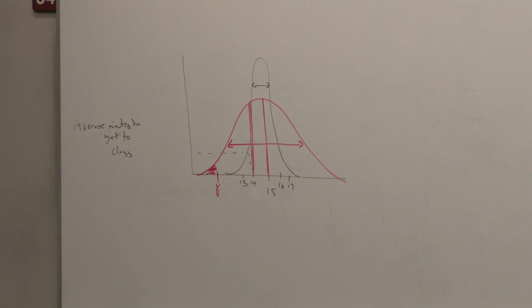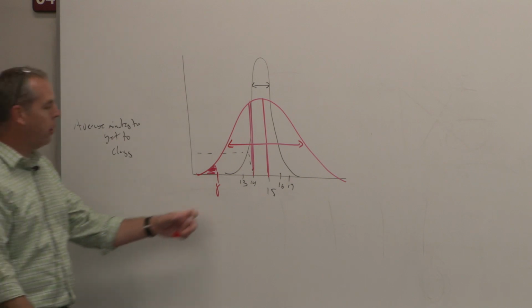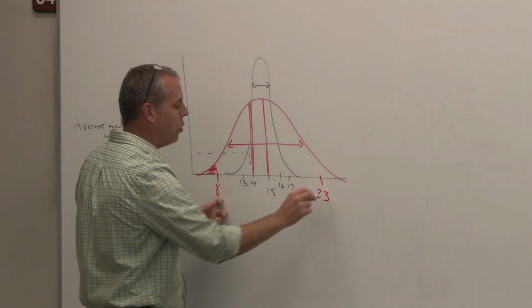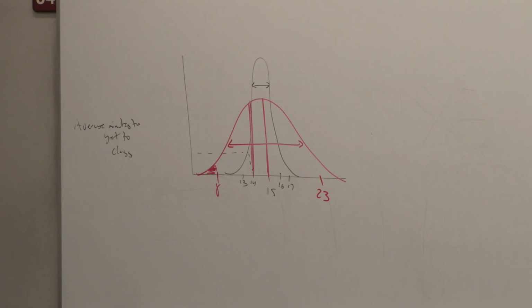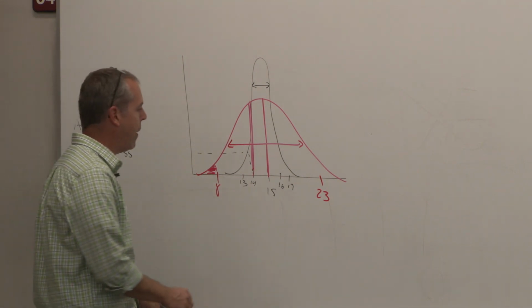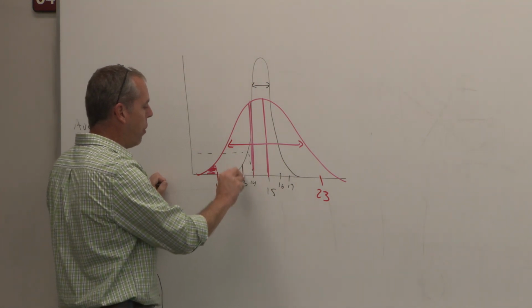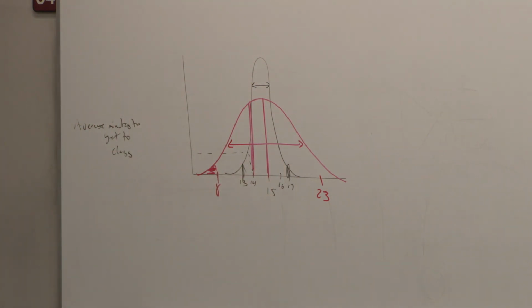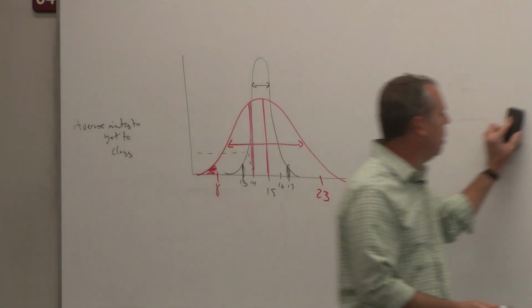Both of those have the exact same average. But this person could be 8 minutes to, I'm making up a number here, 23 minutes, 95% of the time. This person here, 95% of the time, is 13 minutes to 17 minutes. It's really tight. So we have this within-season variation.